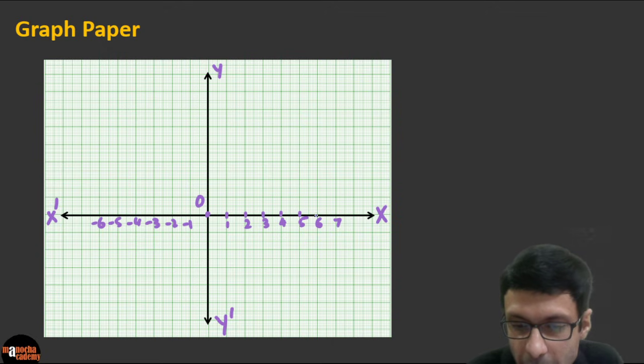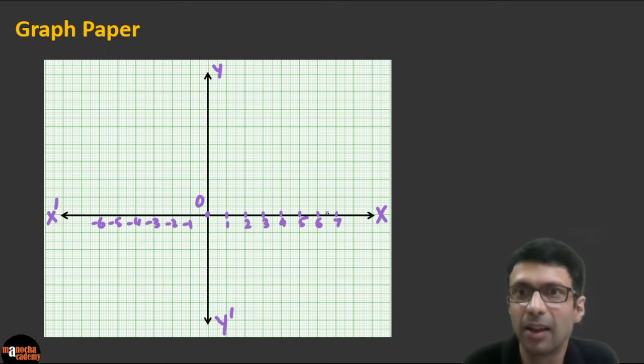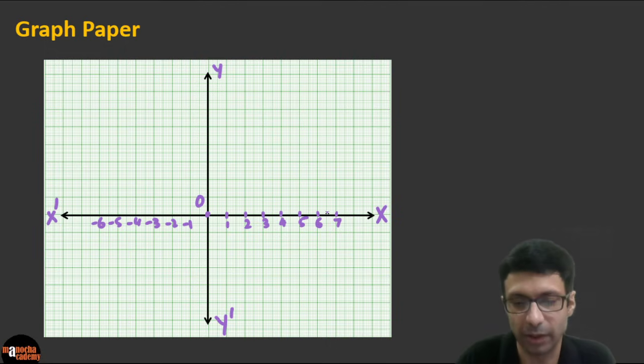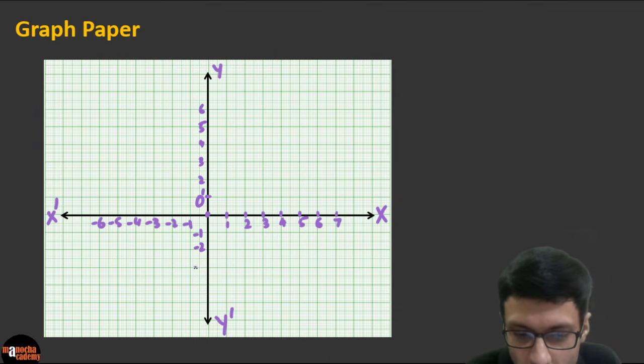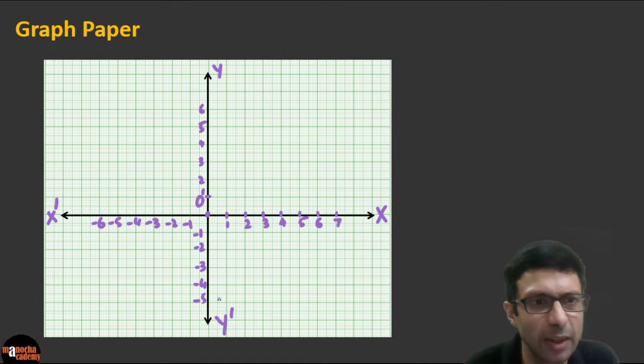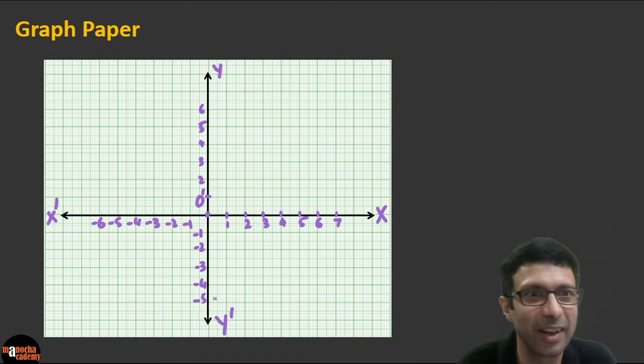Every unit on this graph paper, can you see those thick lines? Not the fine thin lines, those thick lines I'm taking as 1 unit. Similarly on the y-axis, this is going to be 1, this will be 2, so the next thick line will be 3, 4, 5, 6 and so on. And similarly you'll have -1, -2, -3, -4, -5 and so on on the negative y-axis. Okay, clear, guys?